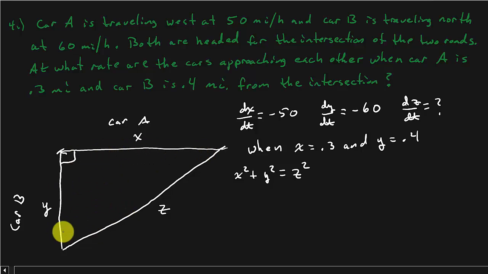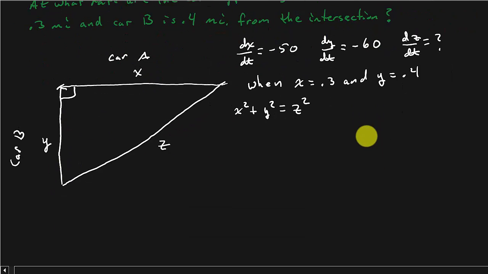All right, so remember what I talked about earlier, we're going to have all variables. Remember with the 10-foot ladder, the length of the ladder never changed, so we put the 10 in. But all of these distances are changing, so they're all going to be variables.